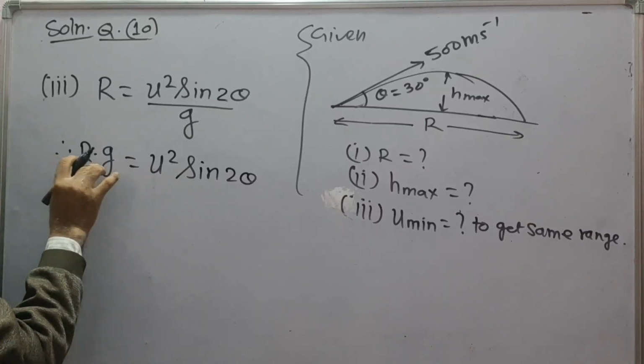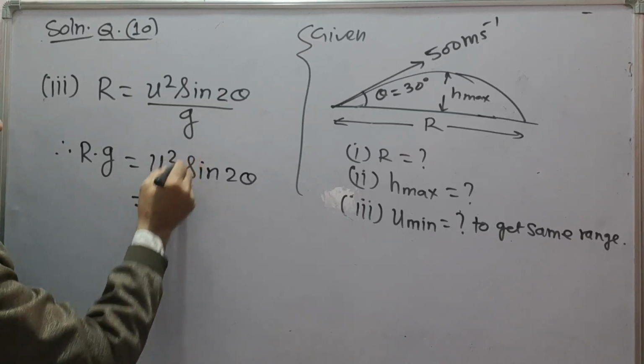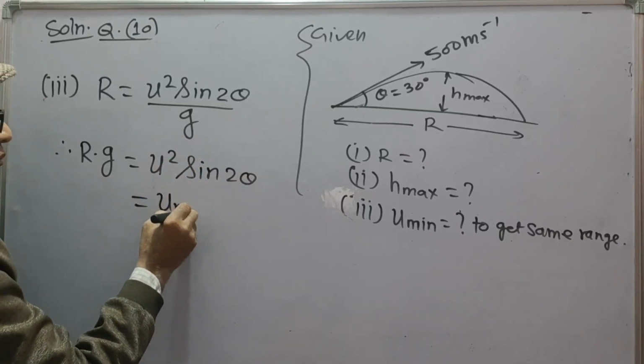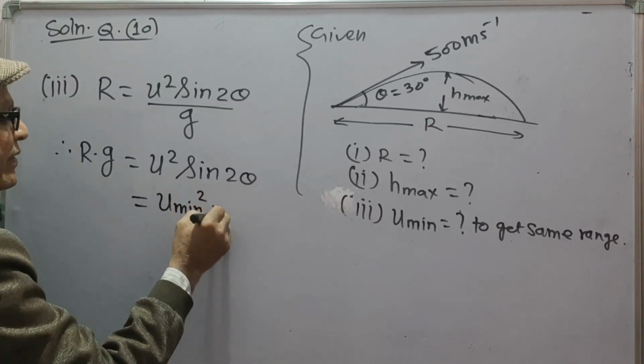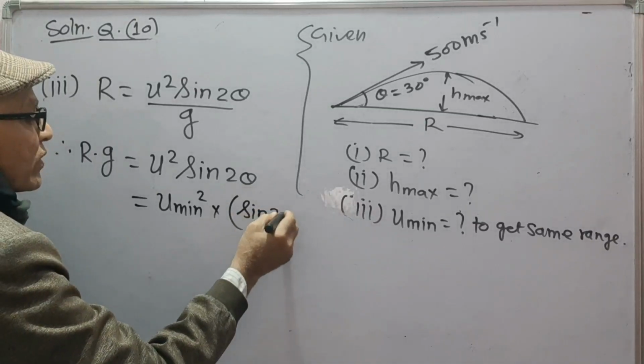Because r is same and g is constant, so when u is minimum, sin 2 theta should be maximum.